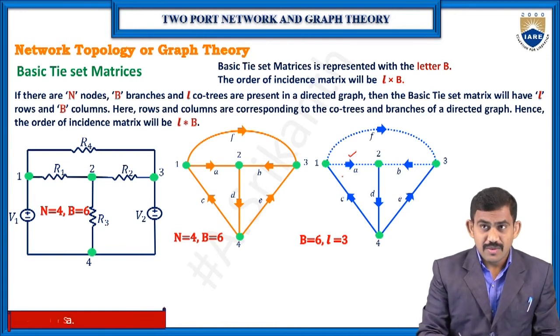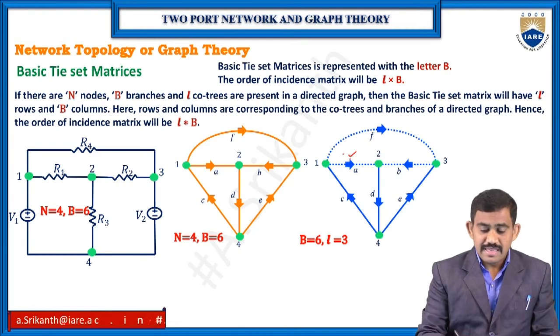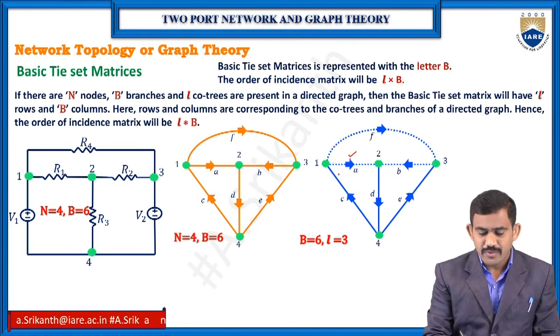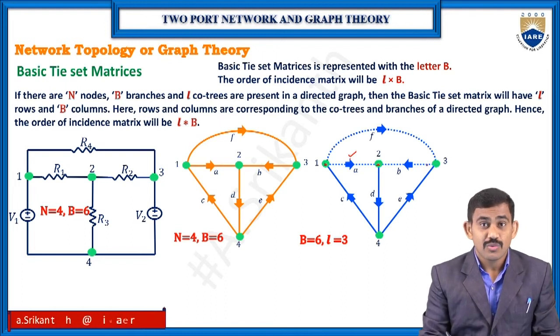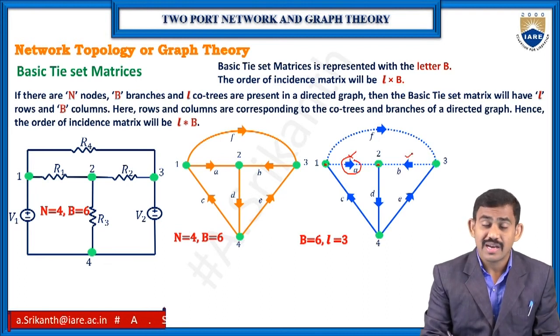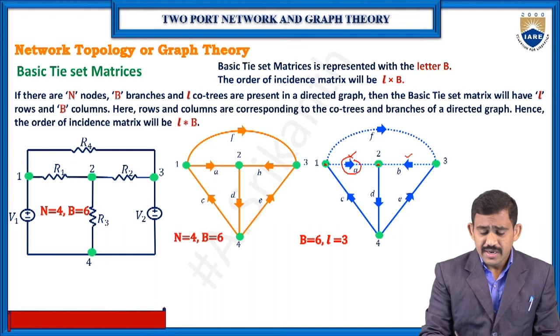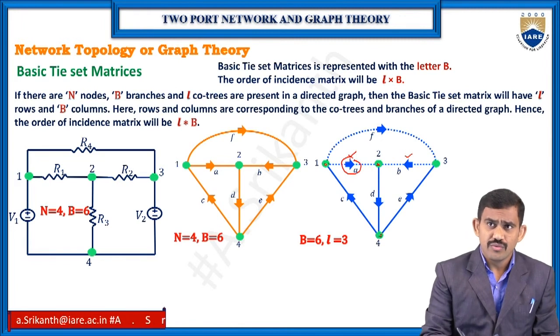Now, suppose A is my co-tree, so I need to use A as the co-tree. From 1 to 2 is okay, I'm using A as the co-tree, but from 2 to 3 I can't go for a closed path, because this is also a co-tree. Now 2 to 4 I can go, and then 4 to 1.